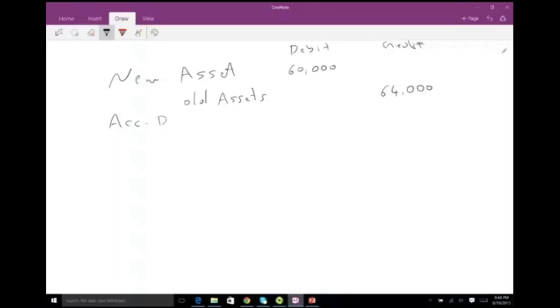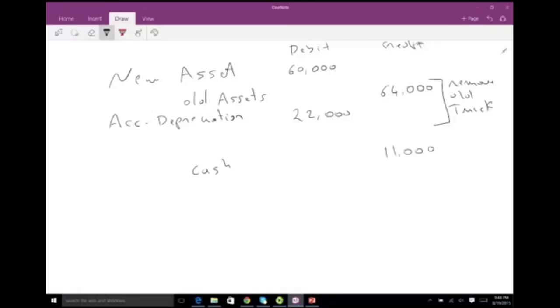Debit accumulated depreciation of, not 42, 22. So this entry, those two, to remove the old truck. That's good. Also, I believe we paid cash, so we're going to credit cash of 11,000.